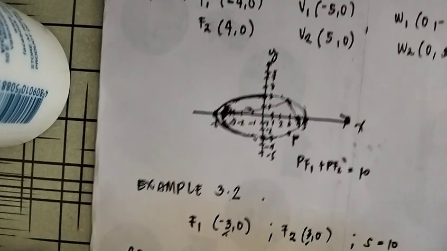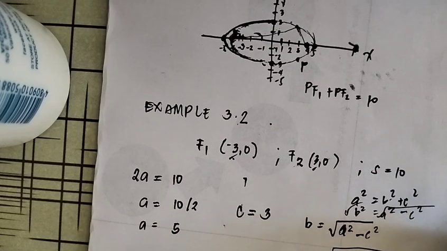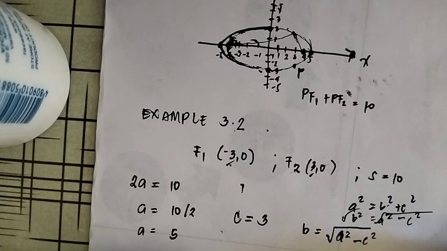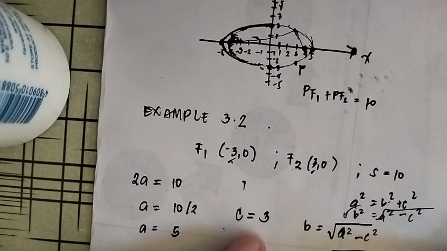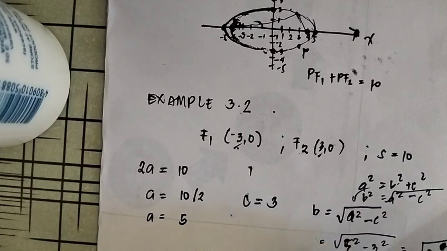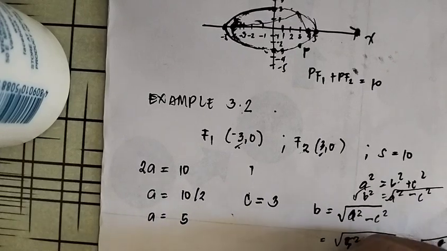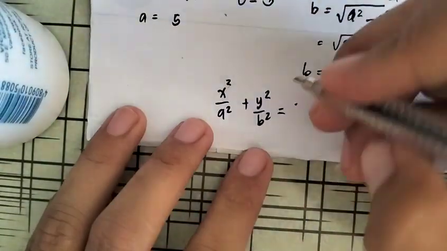Mas dako ang b kaysa c nimo. So, from here, same lang sila og equation: x squared over a squared plus y squared over b squared equal to 1.